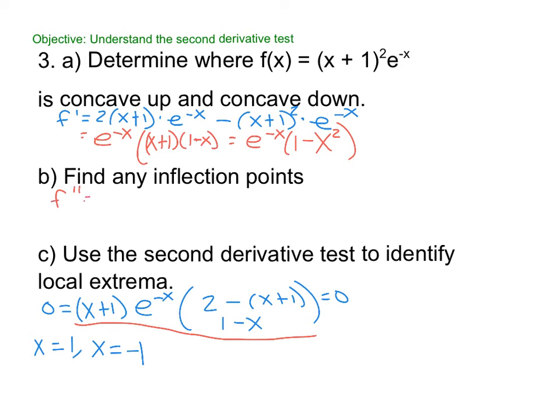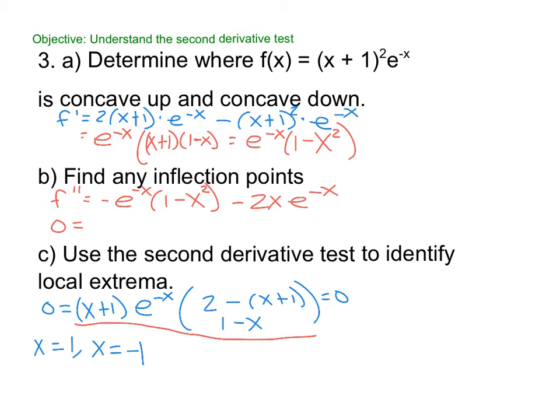So f double prime equals negative e to the negative x, 1 minus x squared, minus 2x e to the negative x.